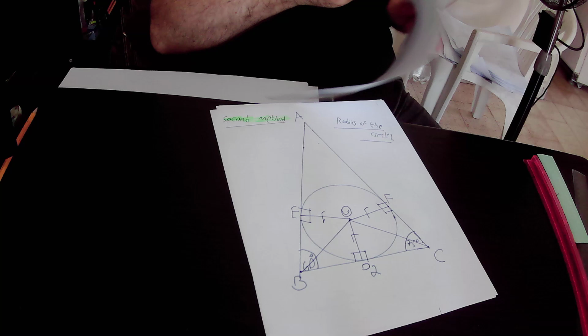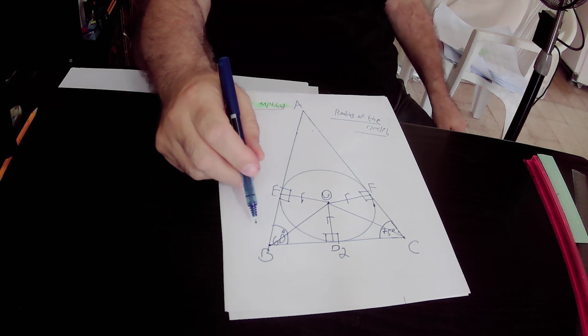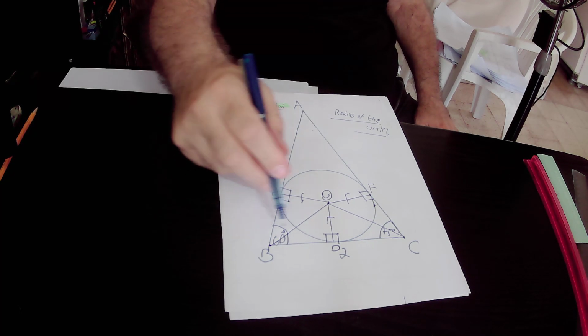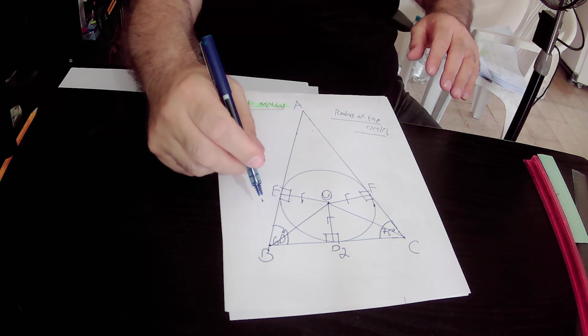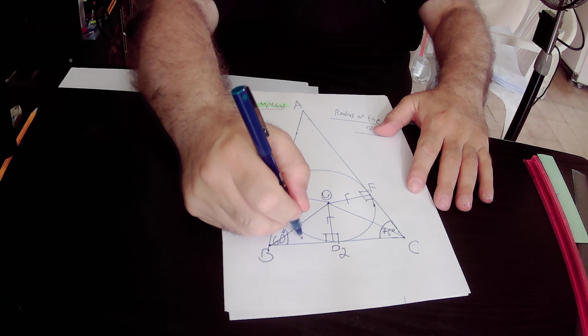We actually can implement rule number 2 in our drawing, because if we focus on the common external point B, from the common external point B, we have two tangents to the circle, tangent BE and tangent BD. And according to rule number 2, the lengths of the two tangents are equal to each other, that is to say BE equals BD.